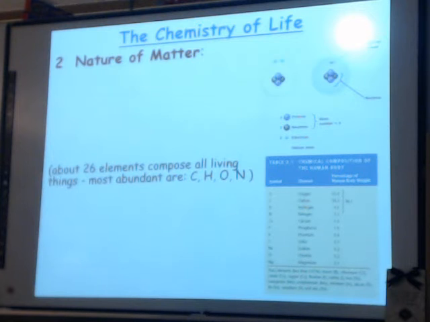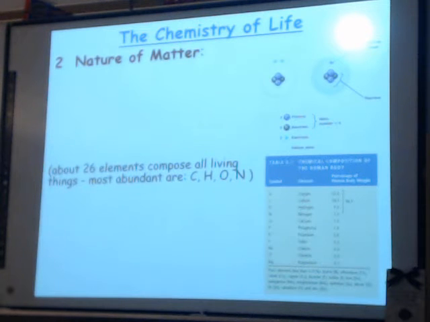Phosphorus, potassium, calcium. Any of you that have been having leg cramps? Sodium. Muscle cramps. Sodium, potassium, calcium are really important. If your calcium level gets too low, your muscles will relax to the point where you feel like you can't move. You know, everybody's had the flu at least once, where you've had a fever that was kind of high.